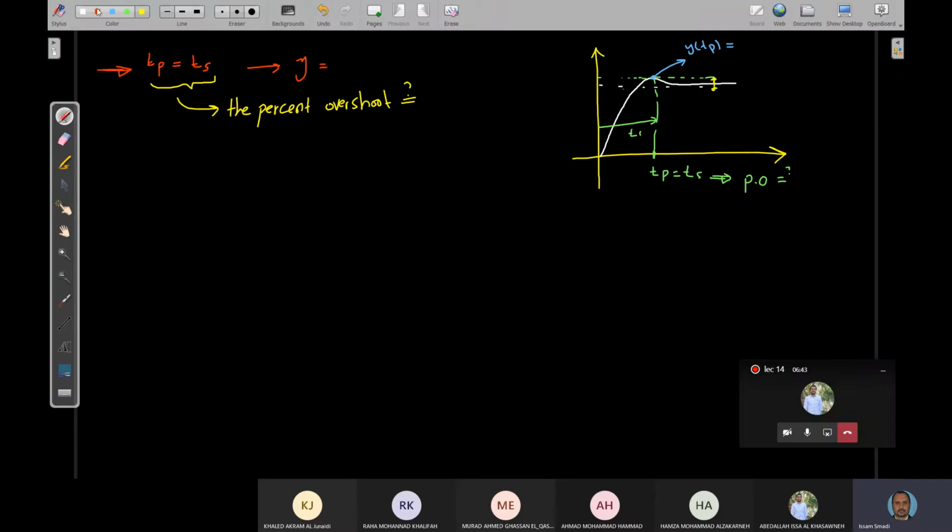If I need to calculate the settling time, this boundary is what? This one is the 2% criterion, correct? So simply this means that the green dashed line, this point equal to what? Anyone?